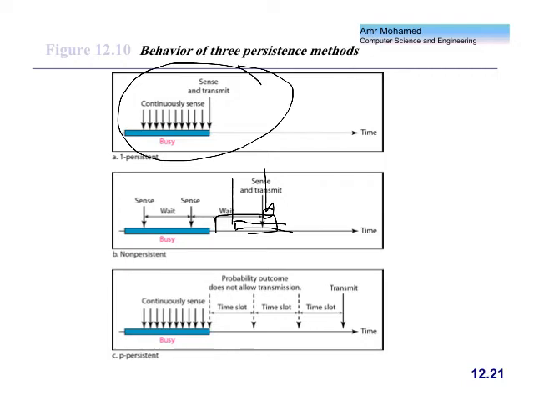Okay. So for that case, what we said here is that if the system is underloaded, the non-persistent will not be that good, because you waste a little bit of time, and the collision is less probable.